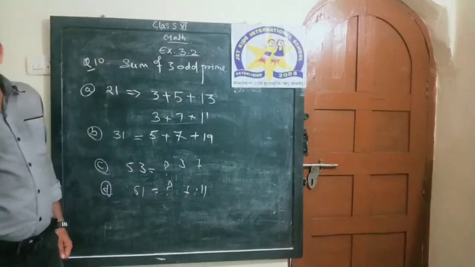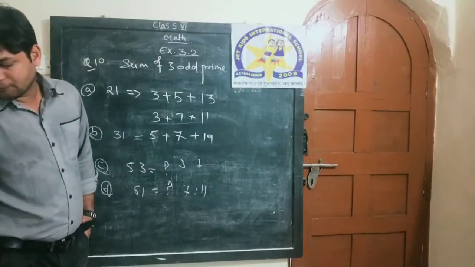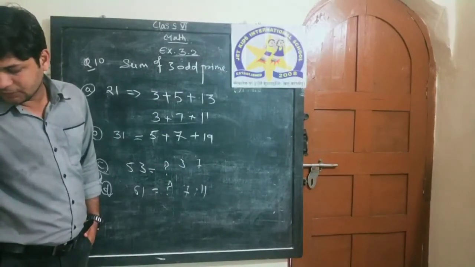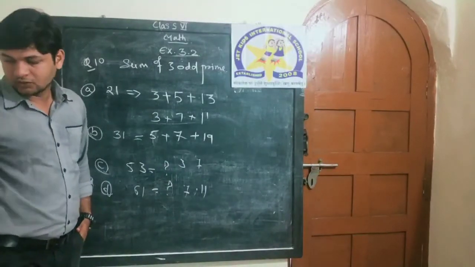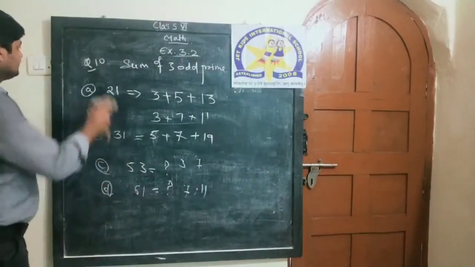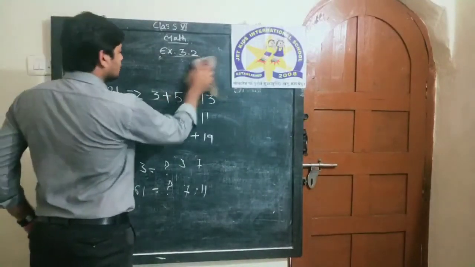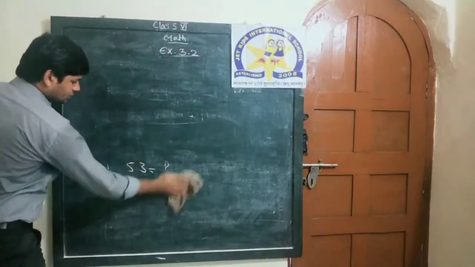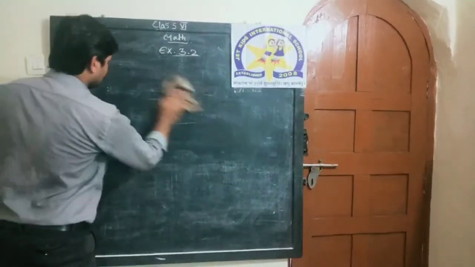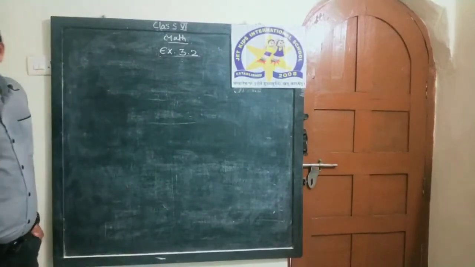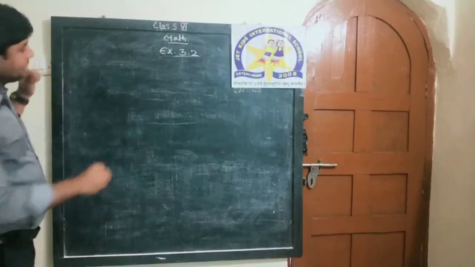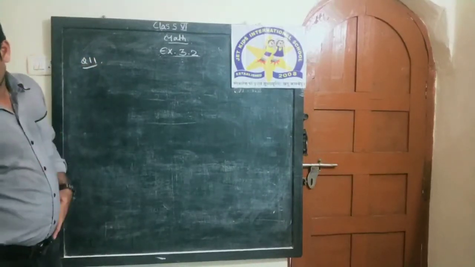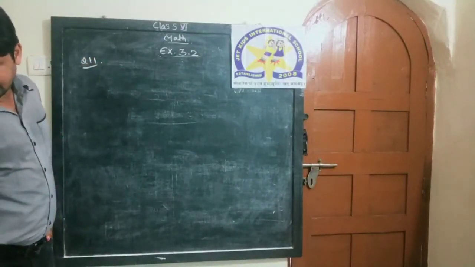is question number 11. Write 5 pairs of prime numbers less than 20 whose sum is divisible by 5. Impressive question. What is it? Write 5 pairs of prime numbers less than 20.